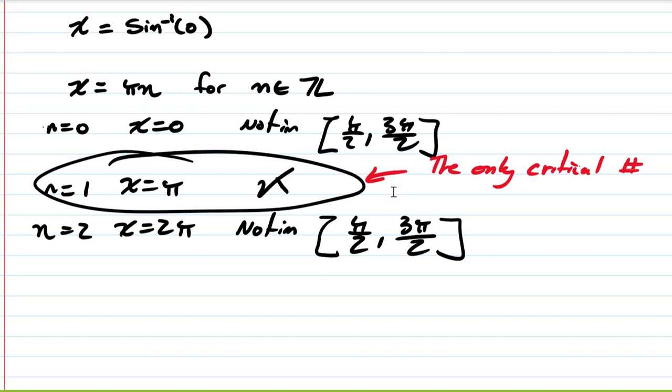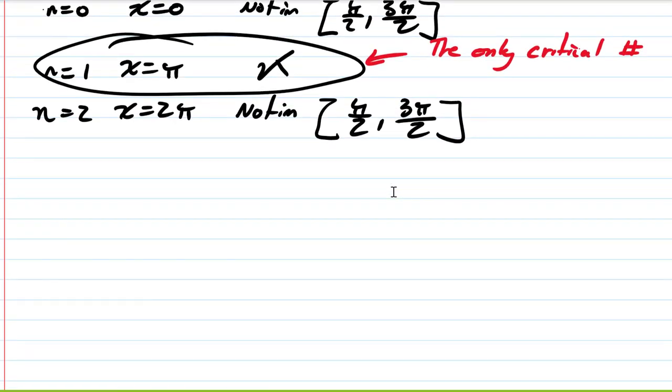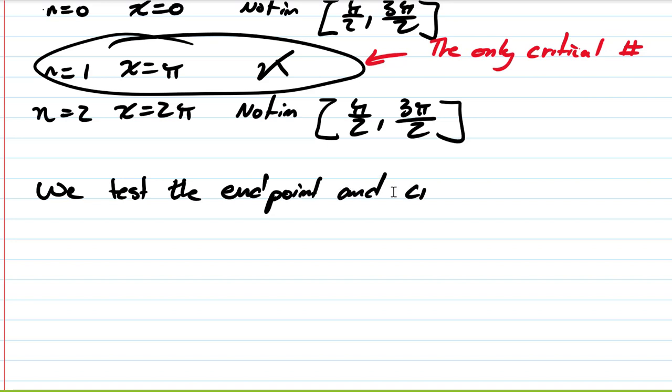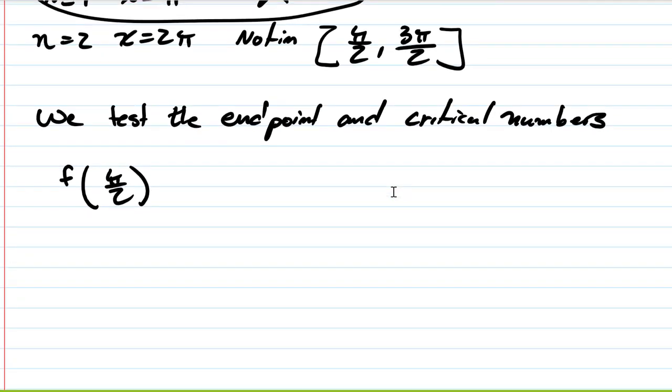So now we test the endpoints and critical numbers. We need to calculate what is f of pi over 2, what is f of pi, and what is f of 3 pi over 2.